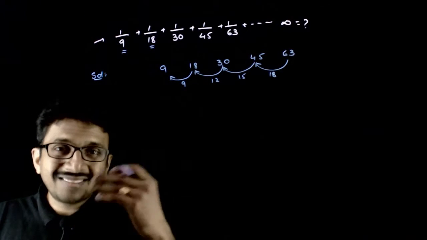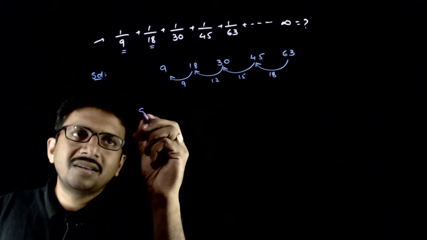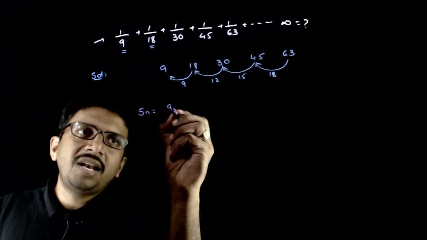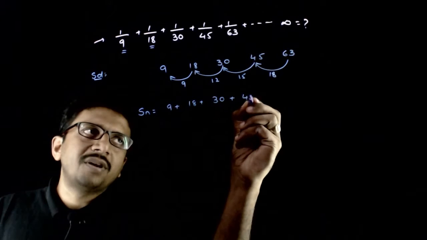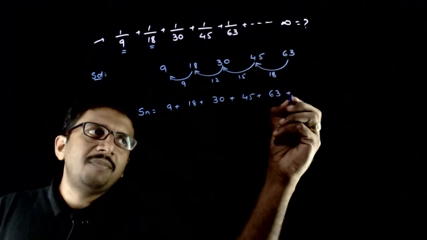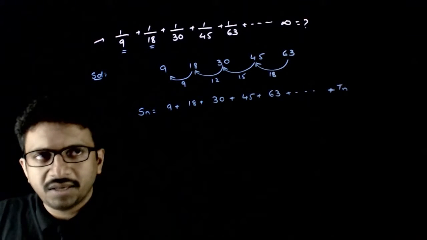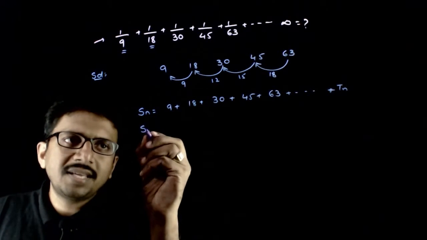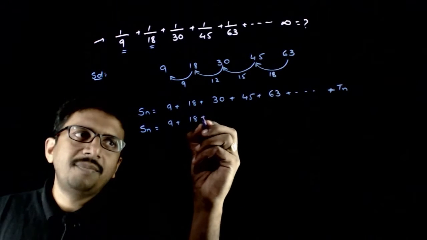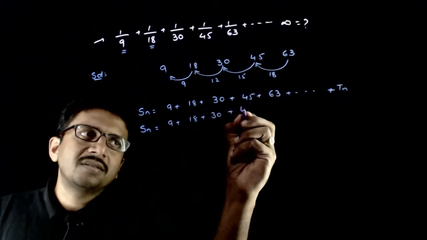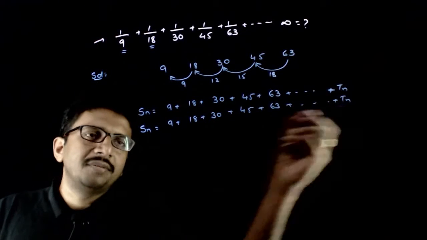Now to find the nth term of this sequence, the process we follow is: let Sn be equal to 9 plus 18 plus 30 plus 45 plus 63 plus so on up to Tn, and Sn is also equal to 9 plus 18 plus 30 plus 45 plus 63 plus so on up to Tn.